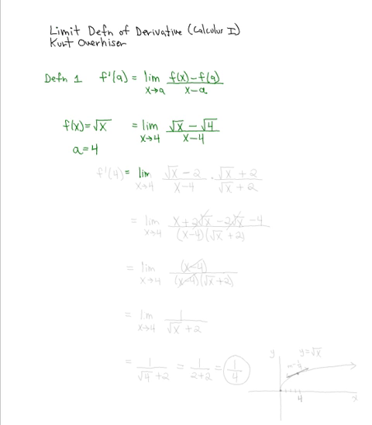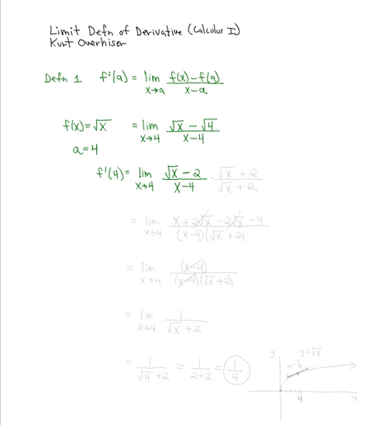So our goal is to evaluate the limit as x approaches 4 of the square root of x minus 2, divided by x minus 4. Once we evaluate this limit, it will be equal to the derivative of the function at 4.